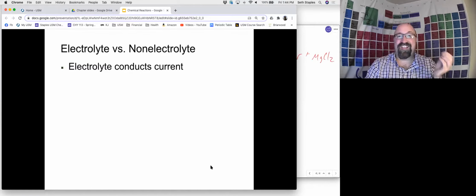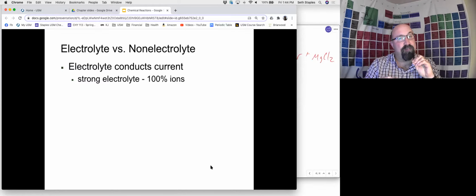Electrolytes conduct electrical current. A strong electrolyte is something that's made up of 100% ions, or 100% of the molecules in there are in their ionic form. That's a better way to put it. All of the molecules in a strong electrolyte are in their ionic form.